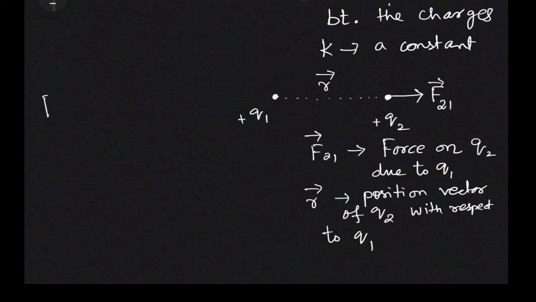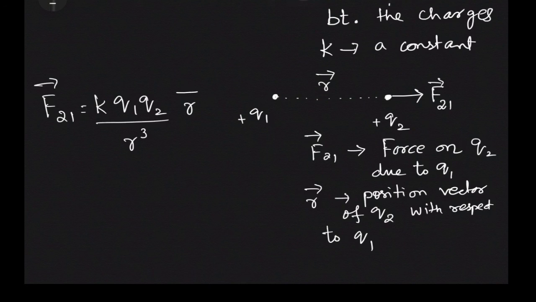So see here what will happen. The expression will take up this form. It is K times Q1 Q2 by R cube, with one R vector here, which I can rewrite like this. Let me retain R square in the denominator and this R cap.